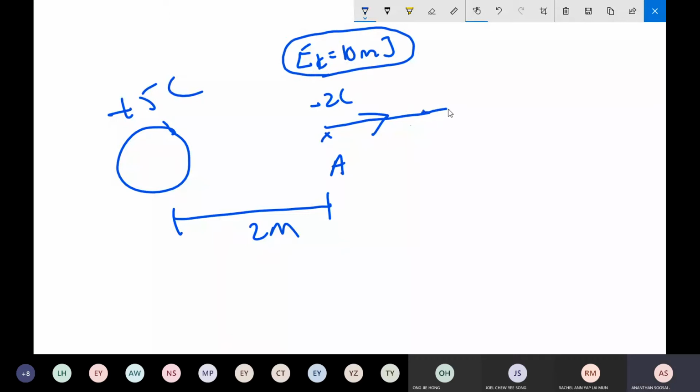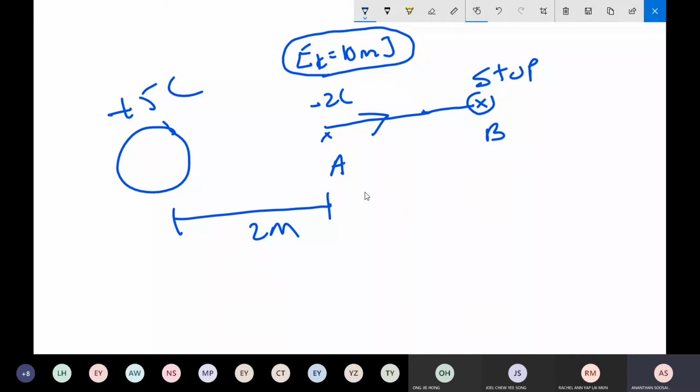The question is, you're going to stop somewhere, B. Because this is a positive charge and this is a negative charge, it is fired away and forced to move away. But eventually the positive charge is going to attract it and pull it back. So you're going to slow down and of course stop somewhere.